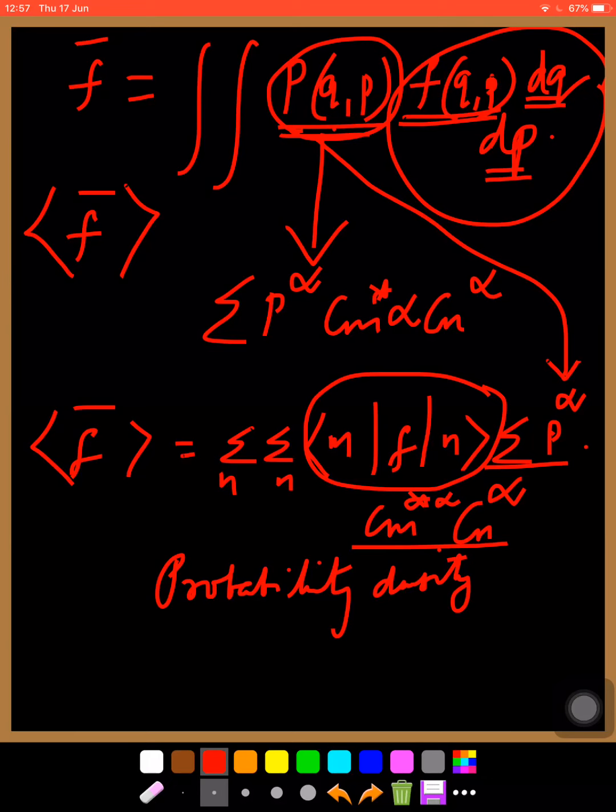Therefore we can identify this as a probability density in this case. Therefore it is known as density matrix. If we represent this as a matrix, that matrix is known as the density matrix. This is generally the concept of the density matrix.